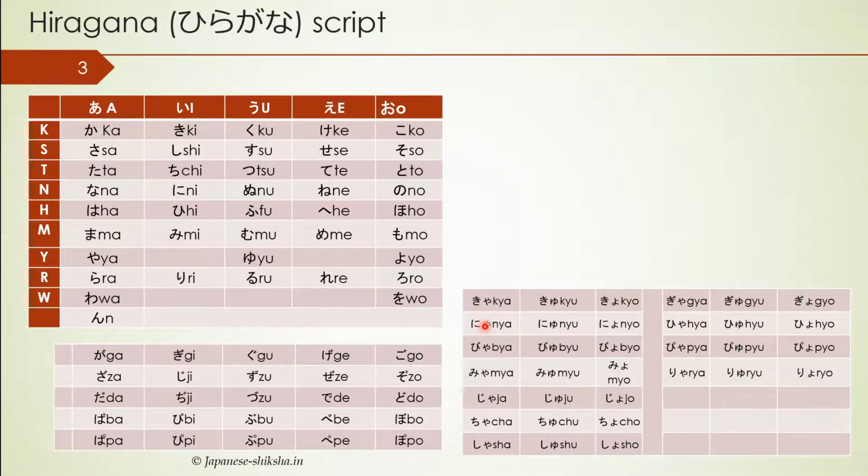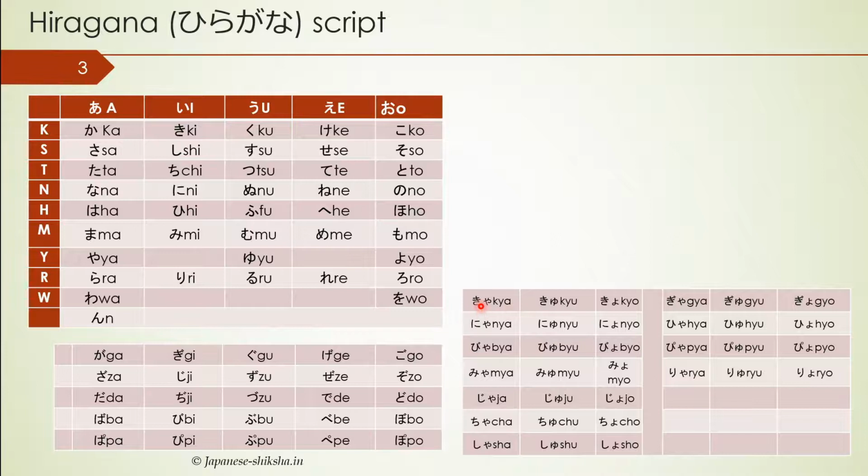So then nya. So what we are doing is ya, yu, yo, and we are trying to cover it with ka, n, b, actually. Okay, and then I think m also we are trying to cover, j also. Okay, and t, then sh.